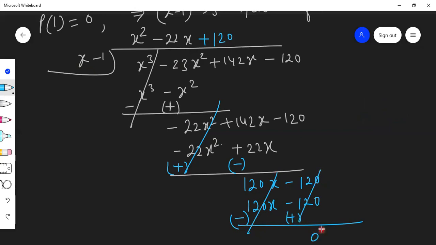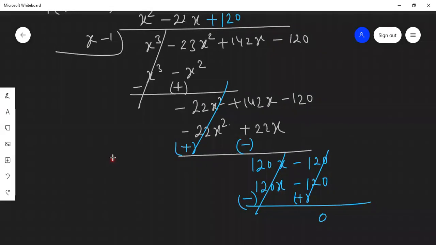Your remainder is 0. Whenever this happens, you can write your dividend, which is the same as px, as divisor into quotient plus remainder, but we do not need to write 0.